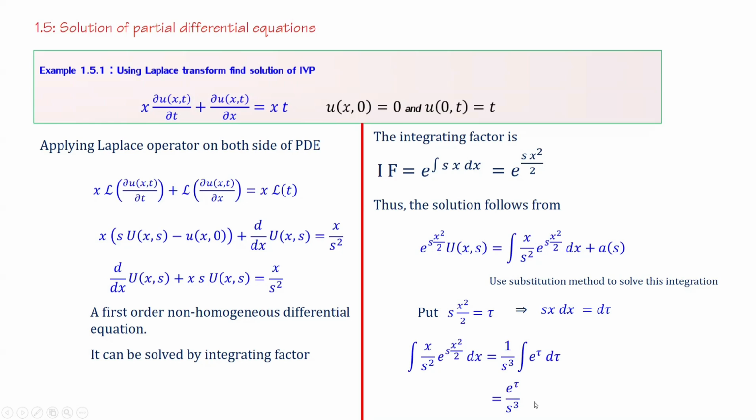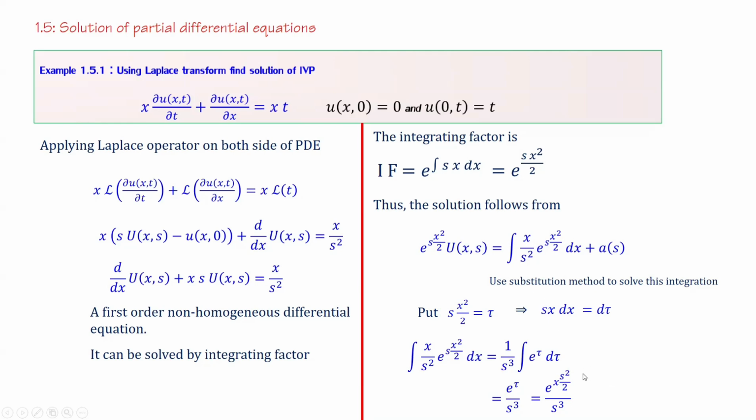We are not putting a limit here. So it will be e to the power x s square over 2 over s to the power 3. So this is the integration.